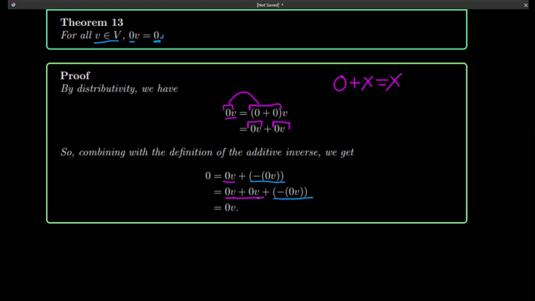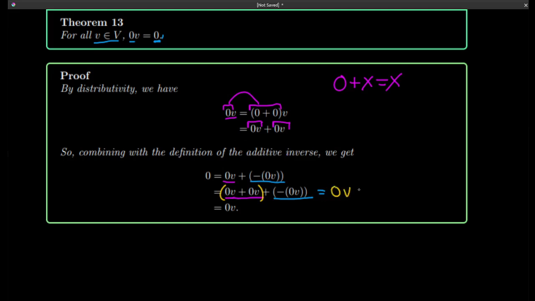All right, sweet. And now I can do a little bit of grouping. I'm skipping a step right here. If you don't see it, what I'm doing is I'm basically changing up my parentheses. So if you want, I could write this as follows. I could put these guys in parentheses right here. See, that's what I'm trying to say by my underlining. And then I could regroup my parentheses.